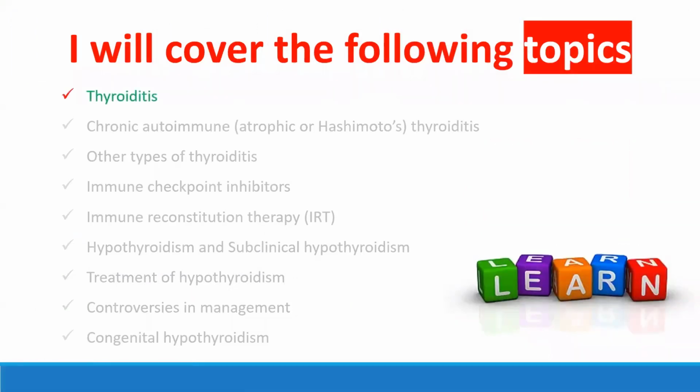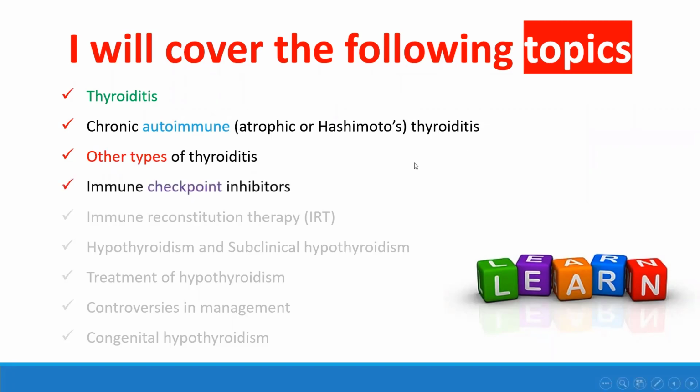So I will cover thyroiditis, chronic autoimmune thyroiditis, which include atrophic or Hashimoto thyroiditis, and other types of thyroiditis, which is very common, and a very recent and new subject, which is immune checkpoint inhibitor.